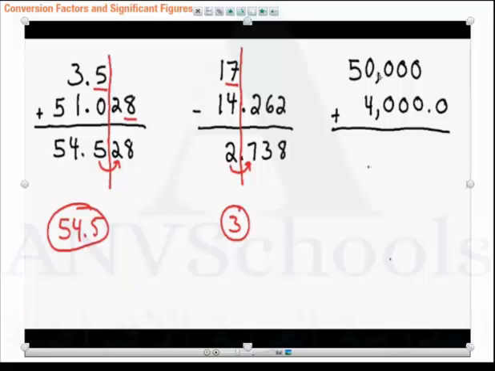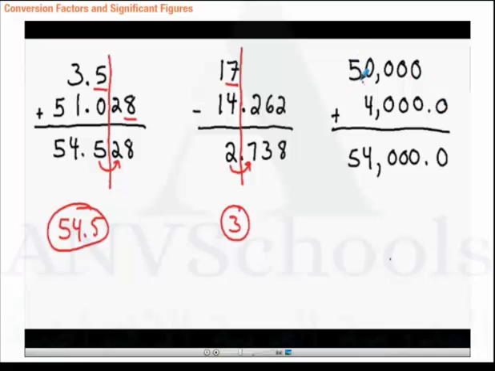The most challenging, as we said here, is when you are adding this one. You know that all these are not significant, so all these are non-significant in terms of significance, and so when we add, we'll get 54,000.0, but our answer should have the least of the significant figures. Here we have 1, 2, 3, 4 significant figures.